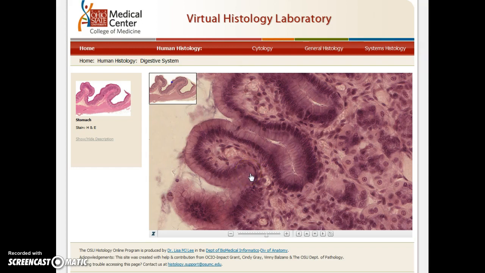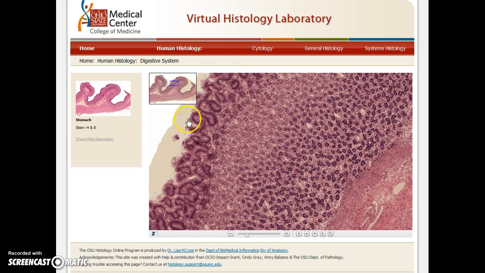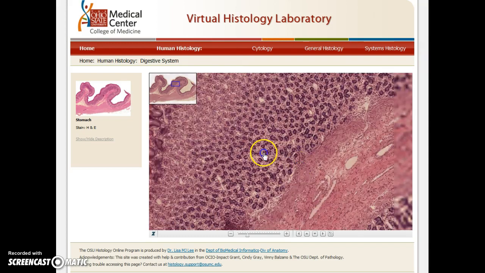And again, that is protecting this epithelium from the acidic contents of the stomach. So that was the mucosa from here down to the end of these gastric glands.